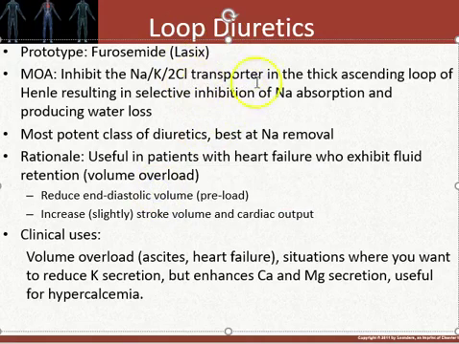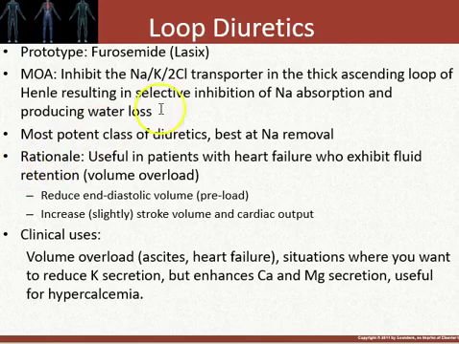So loop diuretics in the context of diastolic heart failure are kind of contraindicated, at least for long-term use. It makes sense in this particular case for this patient because he does have volume overload, and this short implementation of furosemide is really going to reduce that volume overload and get him back to normal.